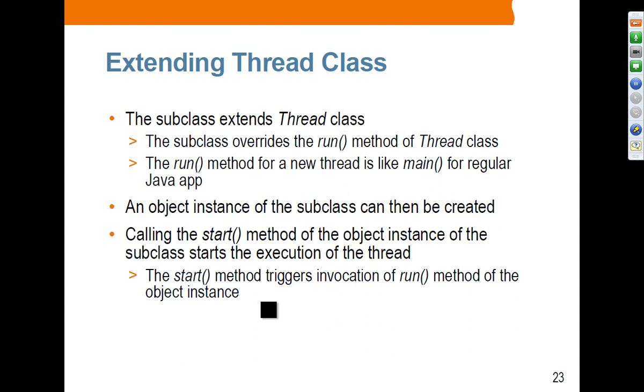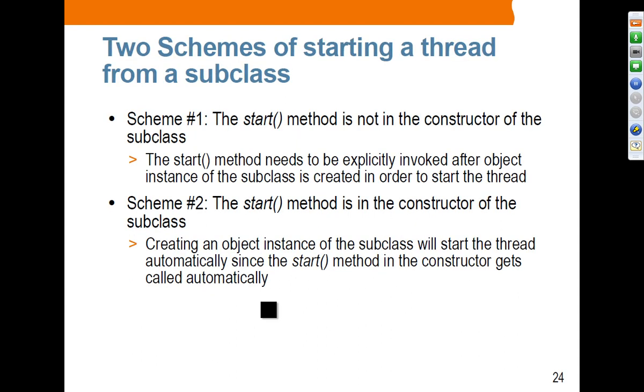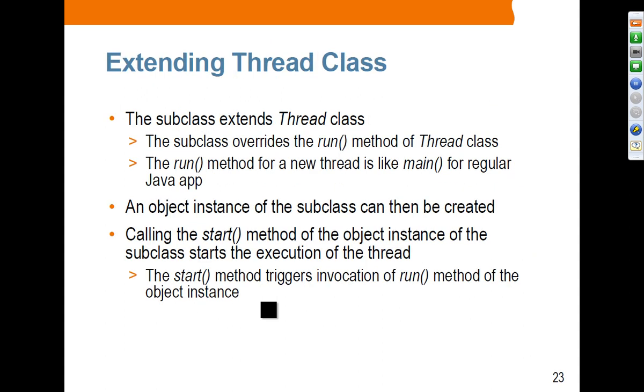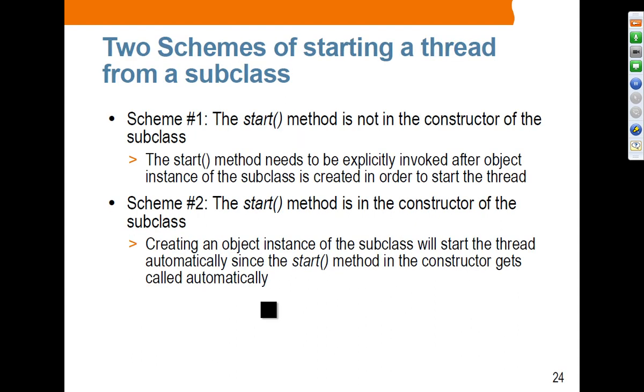Okay, so let's see an example of this. Now, in this option, we are looking at extending the Thread class. There are two different programming models that you can choose in terms of where you want to call the start method. Scheme number 1 is that the start method is not in the constructor of the subclass.